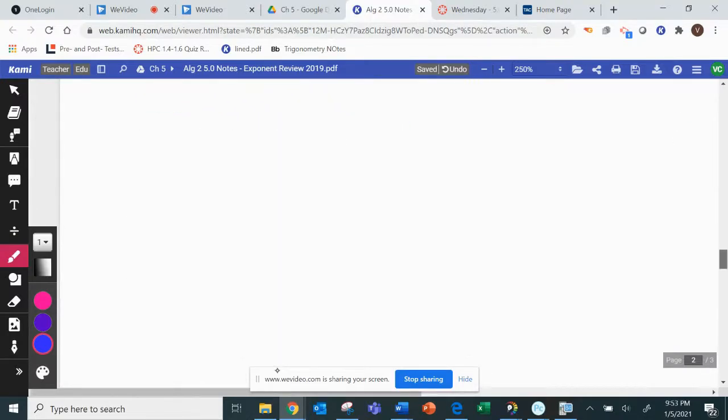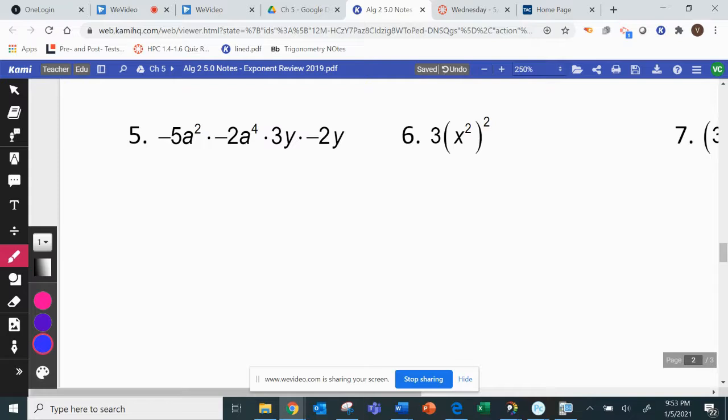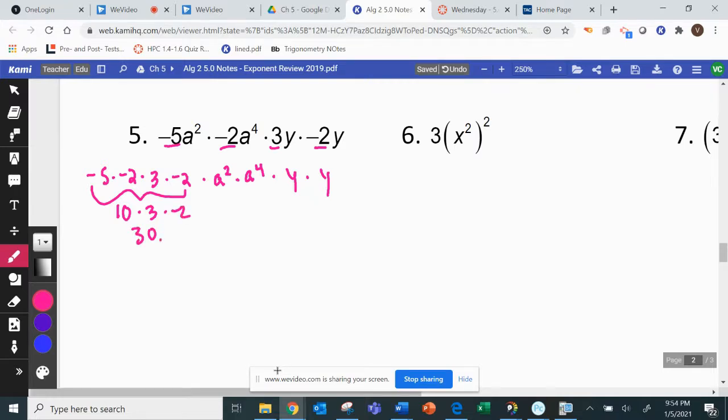If I'm going too fast, you can always rewind or pause the video. Okay, for this one, everything's being multiplied, so all the numbers can multiply together: -5 times -2 times 3 times -2. Then I will be multiplying a squared times a to the fourth, and then y times y. I'll start with the numbers. -5 times -2 is 10, times 3 is 30, times -2 is -60.